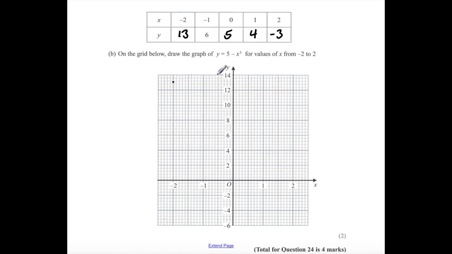Minus 1 and 6 is over here. 0 and 5. 1 and 4. 2 and minus 3. I'm now going to join the points together.